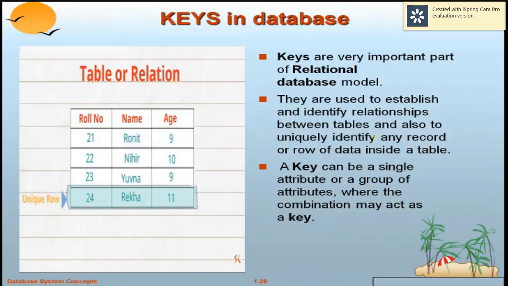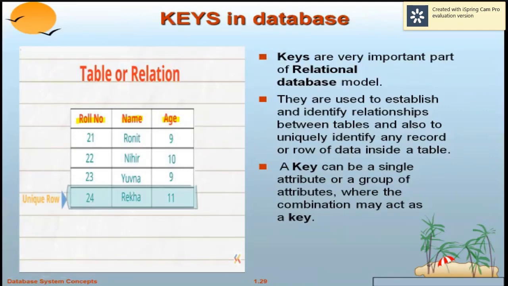For example, consider the data of a student. A student carries an attribute called roll number, an attribute called name, and an attribute called age, and so on. Among these, there will be an attribute which helps the student table have unique information.